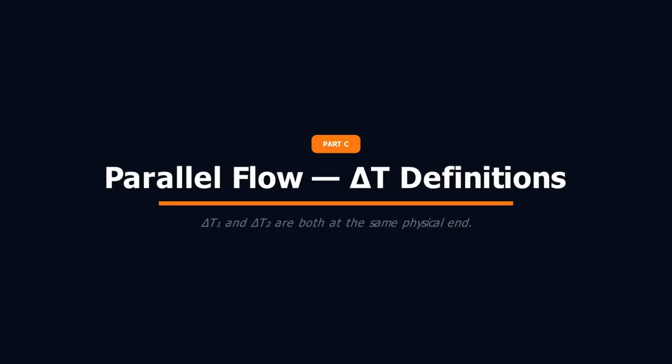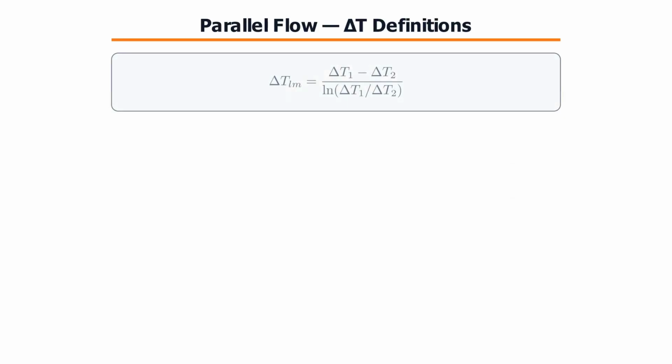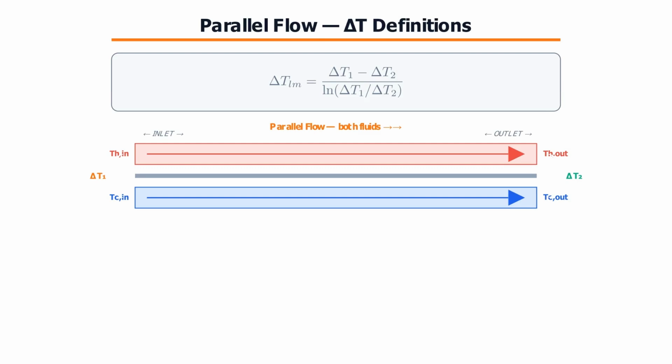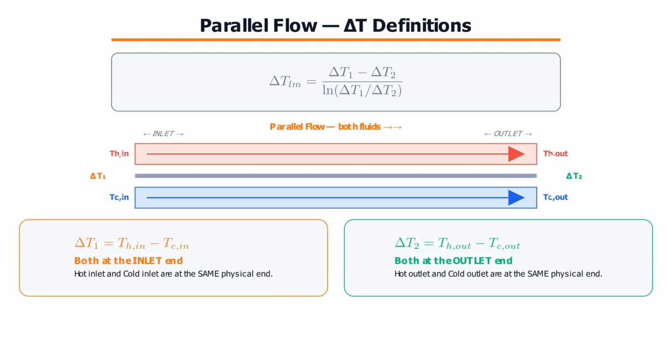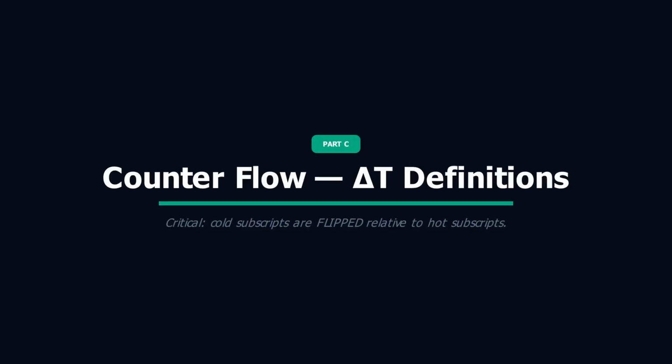Parallel flow, critical definitions. Delta T1 equals TH sub in minus TC sub in, both measured at the same end, the inlet end. Delta T2 equals TH sub out minus TC sub out, both measured at the same end, the outlet end.